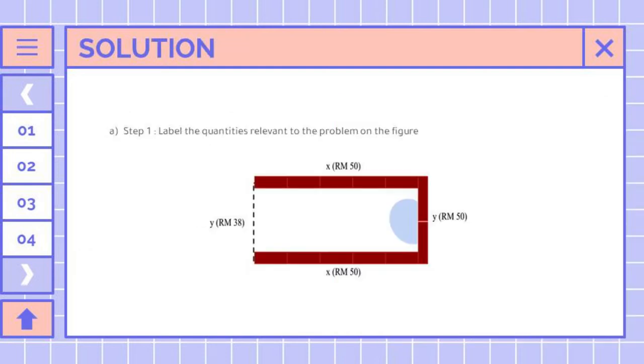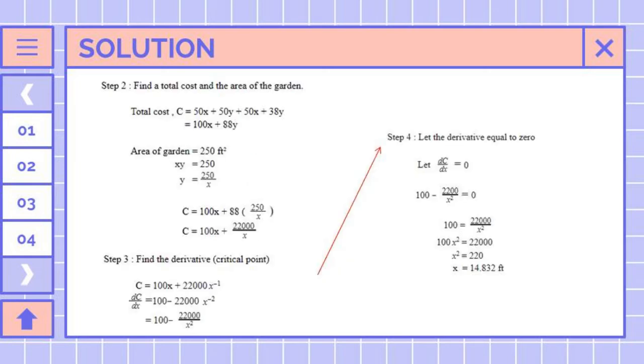For solution A, step 1, we label the quantities relevant to the problem on the figure. For the length of the rectangular garden, we label as x, and the width we label as y, and the cost of the brick wall is 50 ringgit, while the metal fence is 38 ringgit.